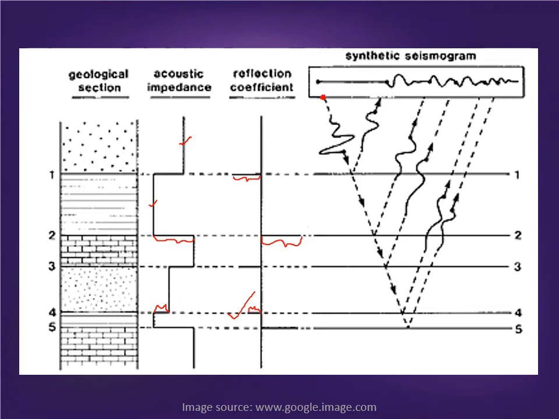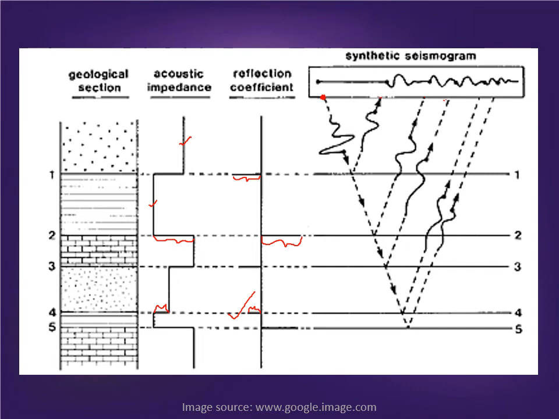Basically, in practical field work, these geophones are located at a fixed interval, but this is an arbitrary diagram. So here you cannot see the fixed distance between different geophones, but actually successive geophones are located at a fixed interval from the previous one.